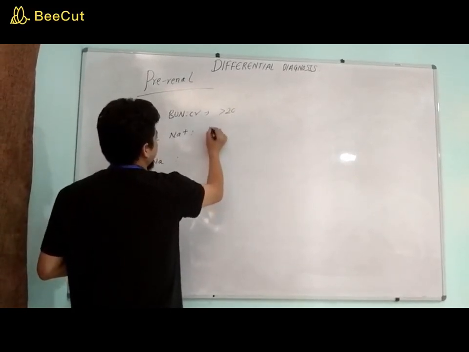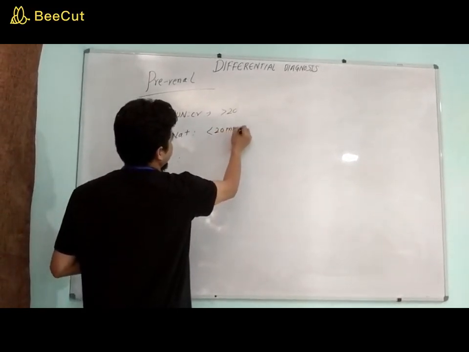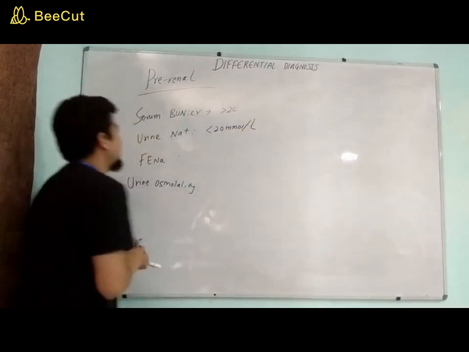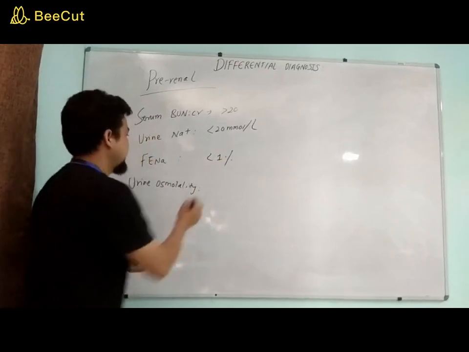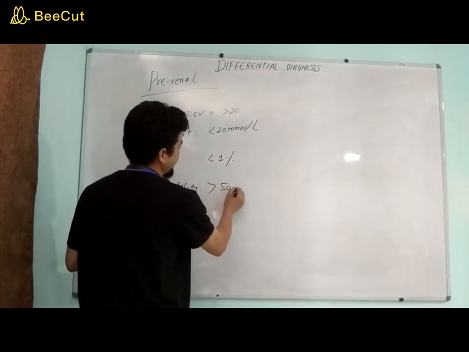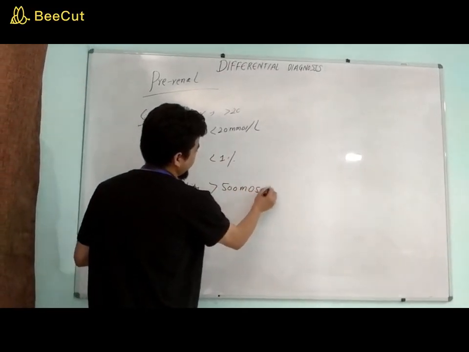The urine sodium will be less than 20 millimole per liter, and FeNa is less than 1%. Urine osmolality is greater than 500 milliosmol per kg.